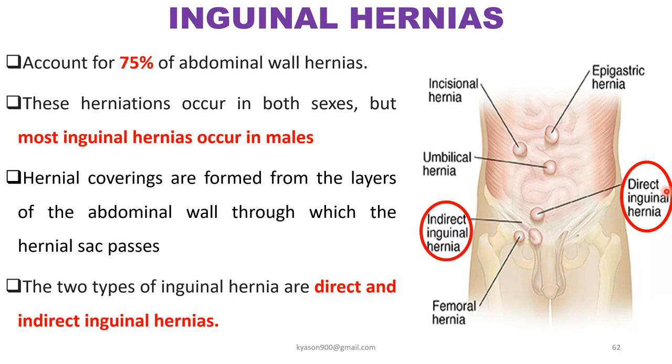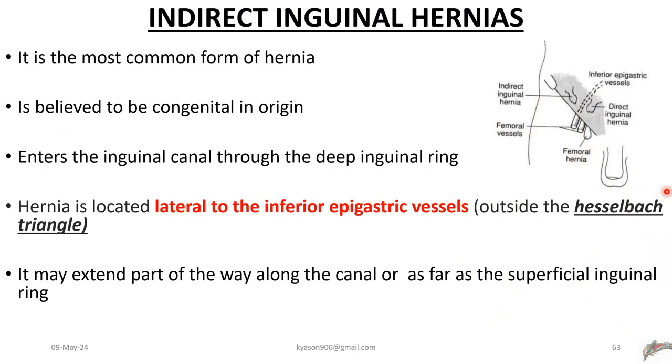Okay, so basically that's why they're called so. Let's now talk about each in detail. The indirect, we can see that it's the most common form. It's congenital in origin, meaning that it's occurring because of something that didn't happen during development.